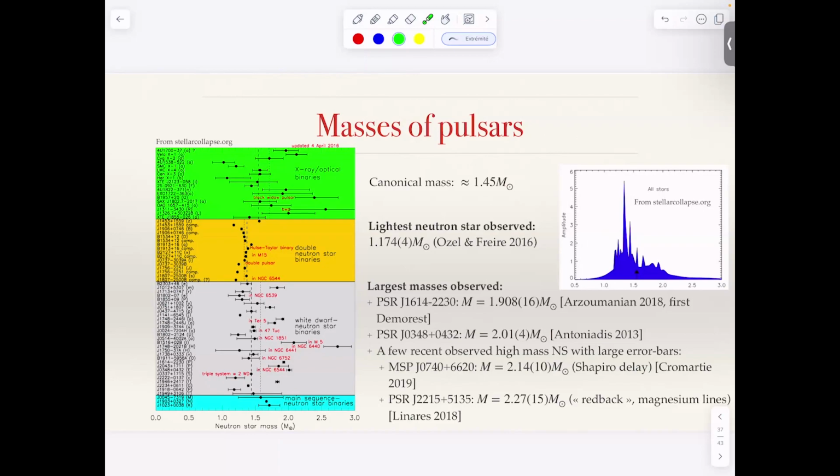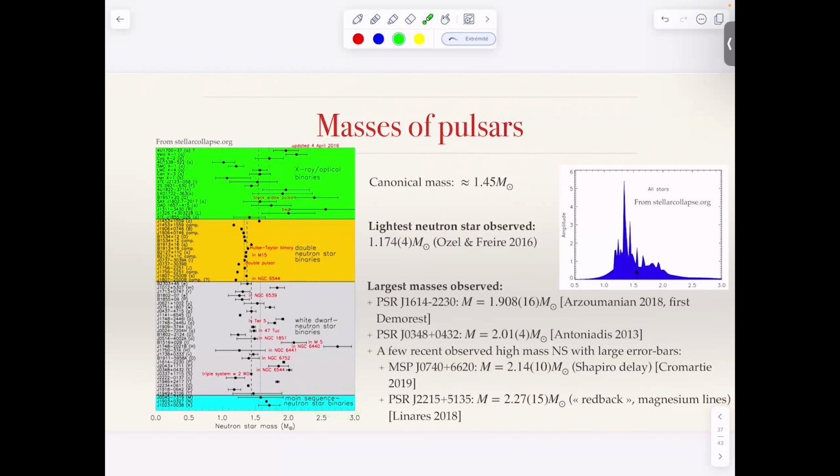So in this representation, you have different colors, and these different colors are related to the companion of the star. You may have, for instance, a double neutron star binary system, or a neutron star with a white dwarf, or a neutron star with a main sequence star.